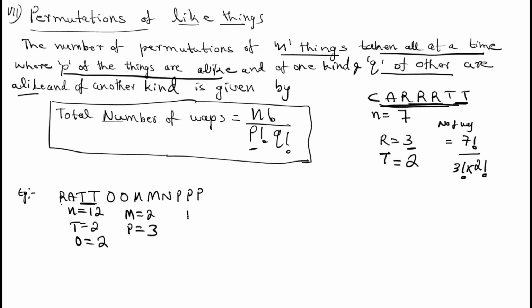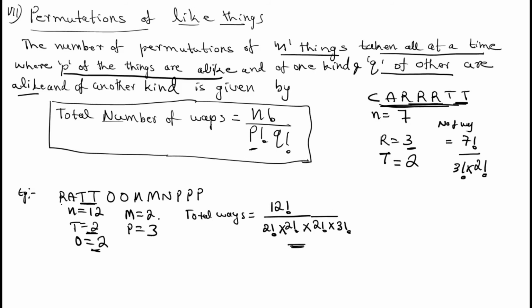Then what's the formula? Total ways is equal to n factorial, that is total letters 12 factorial, divided by, since T repeats 2 times, you need to write 2 factorial, into O repeats 2 times, 2 factorial, into M repeats 2 times, 2 factorial, into P repeats 3 times, so into 3 factorial.